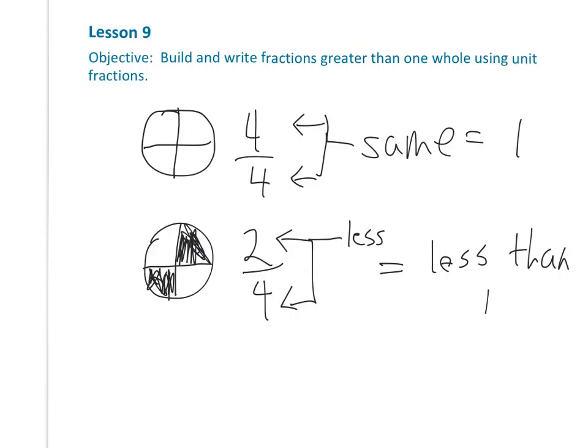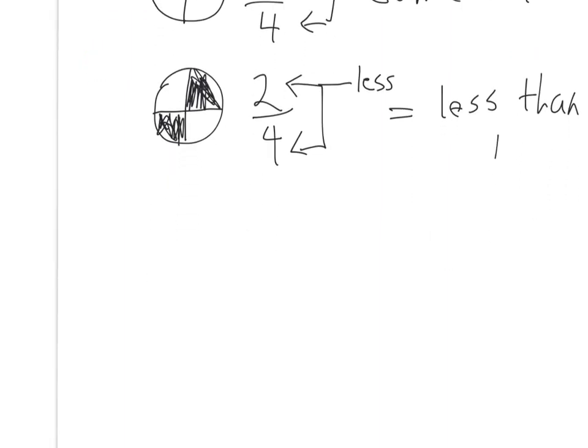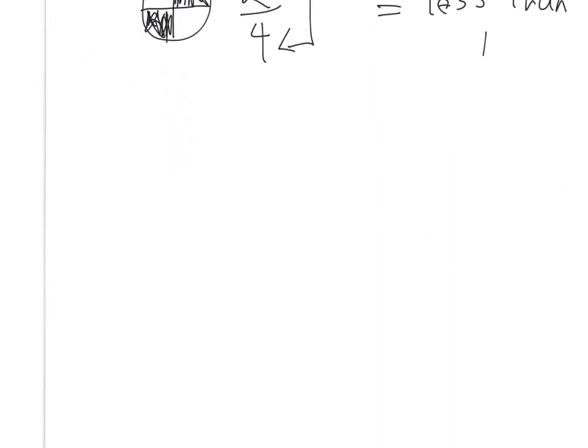And what we're going to be looking at is something that's more than 1, which means we're going to have more than one whole down here. So it would look more like this.